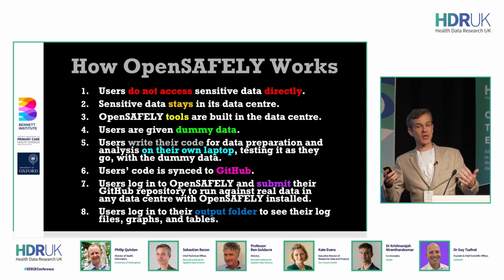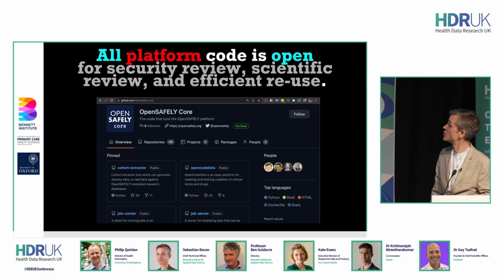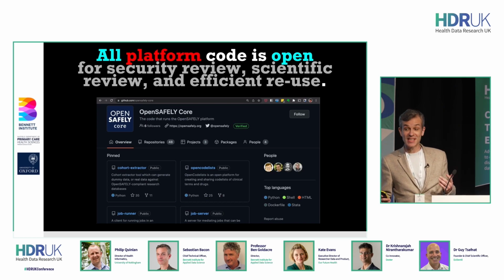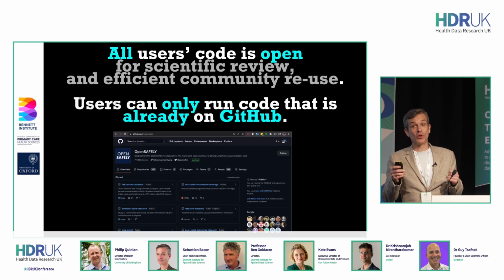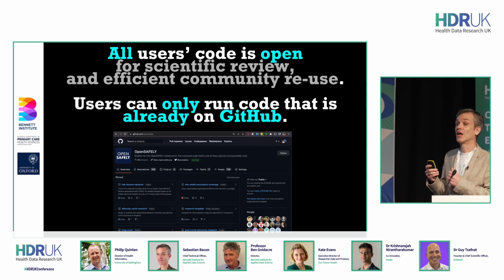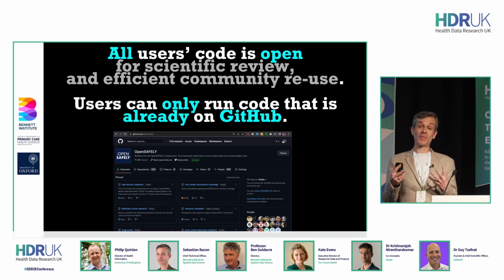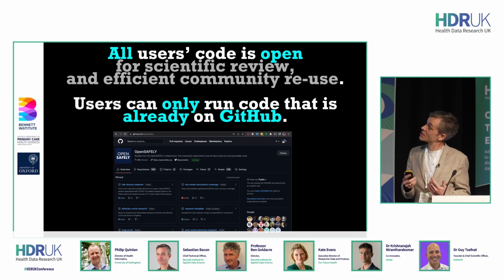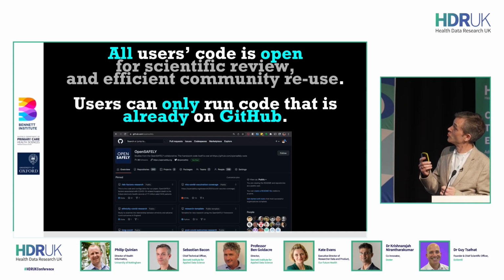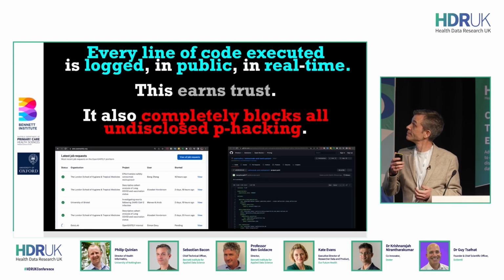And finally, of course, we do have ways for them to log in to inspect the outputs and request their release through an airlock. So as I said, of course, all the platform code is open. But I think what's more interesting for today is that because that design I've just described ensures that code has to be in GitHub before it's even run against real patient data, the consequence of that is all our users' code is open for scientific review and efficient community reuse.